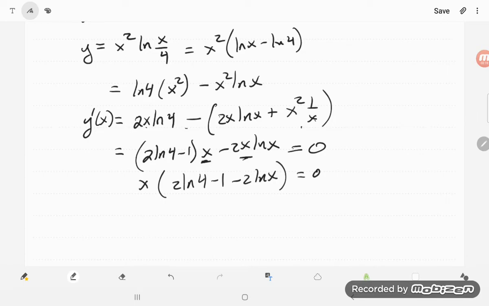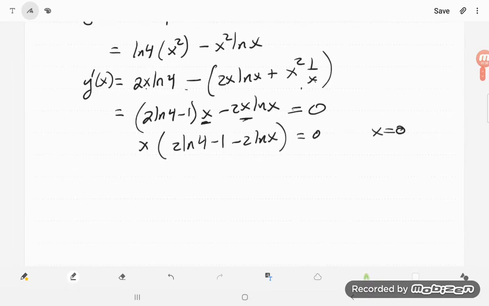Now, y isn't even defined at x equals 0 because I can't take the log of 0. So x equals 0 is a critical number, but the function's not even defined there. So that's definitely not a relative extrema. It could be where an asymptote lives or something like that.